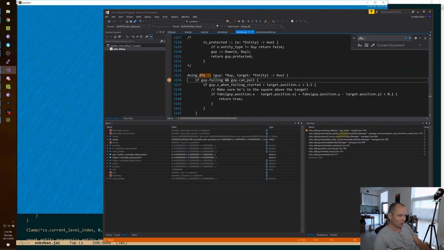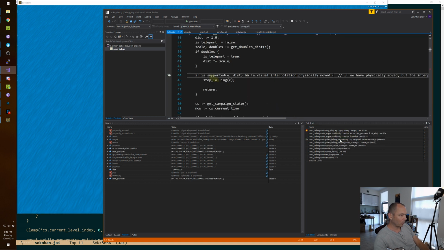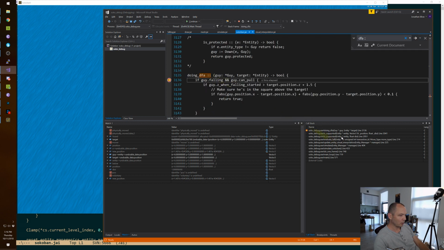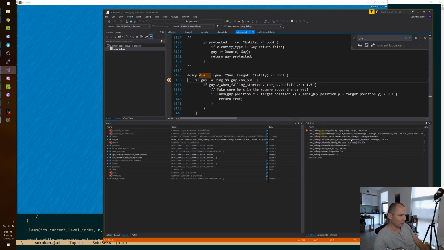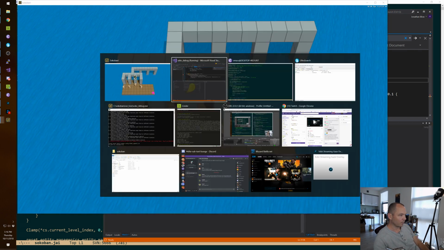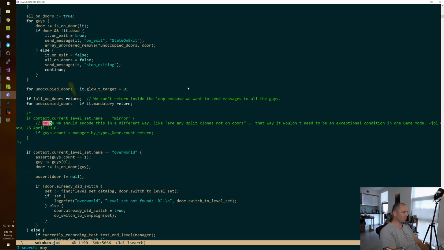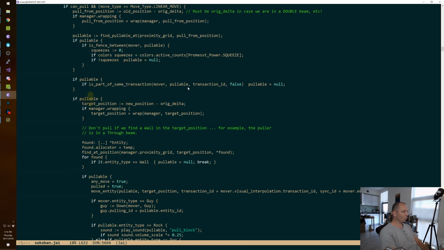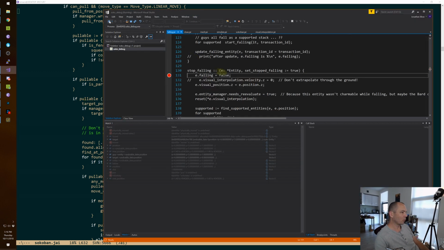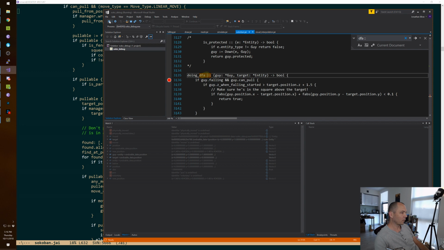So update falling entity. What was it called? We literally were looking in this function.